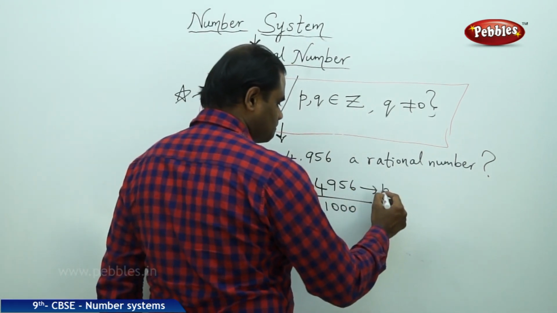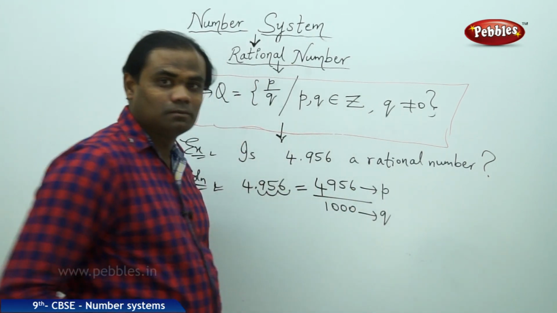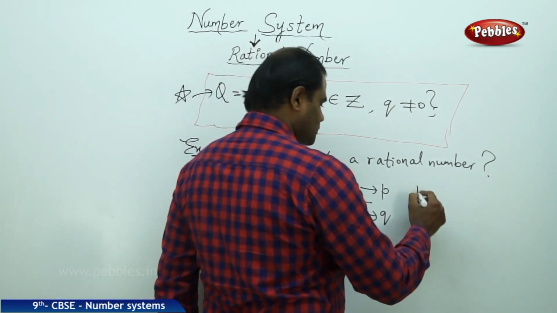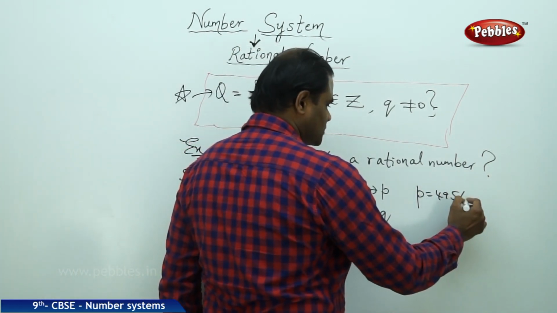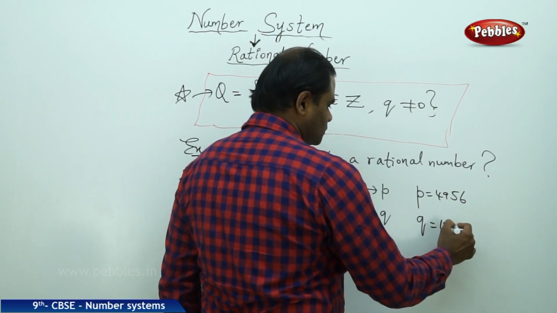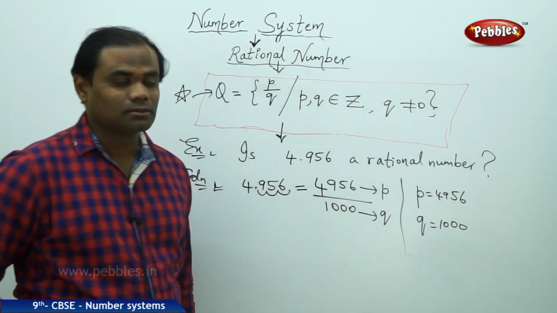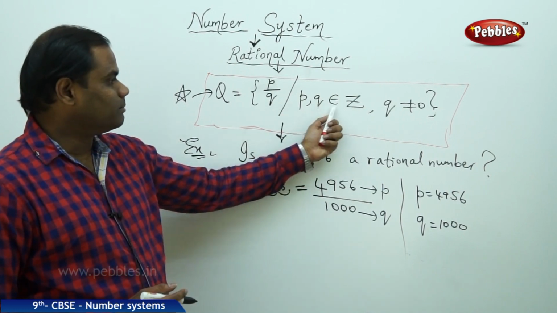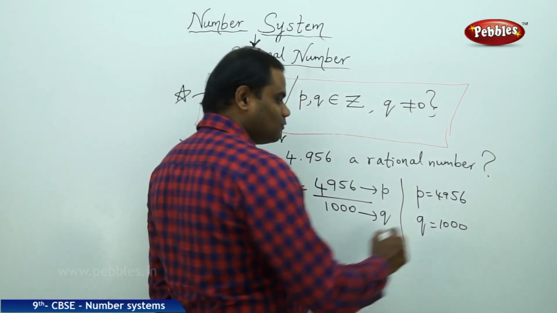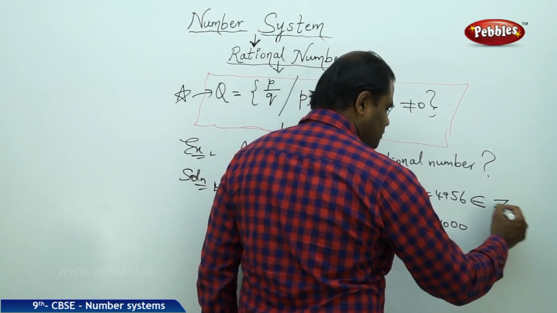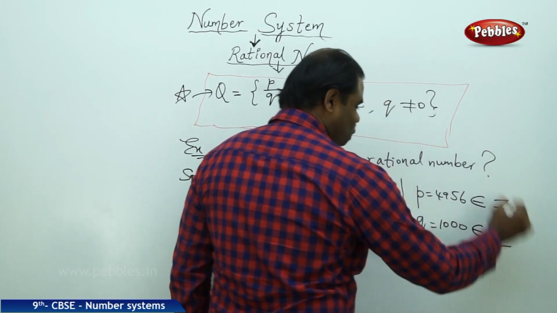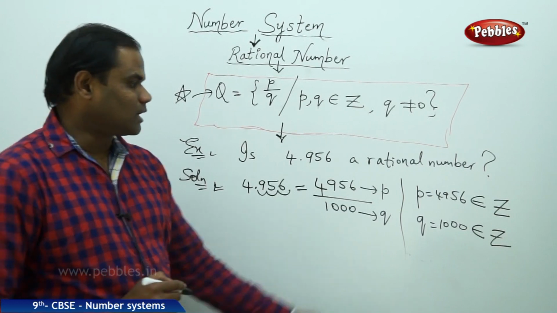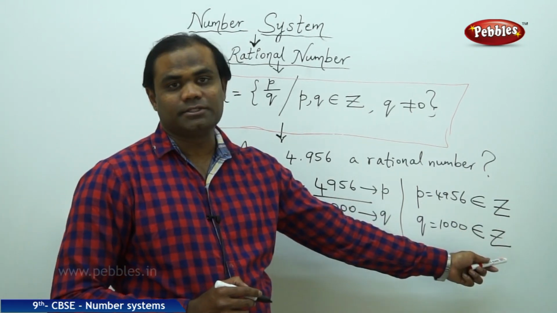Now, let's see if this passes through the two tests for a rational number. This is P, this is Q, and I have my P as 4956, and I have my Q, which is 1000 in the denominator. Test number 1: P and Q must be integers. Clearly, 4956 is an integer and 1000 is an integer. So I have my P and Q, which are integers.